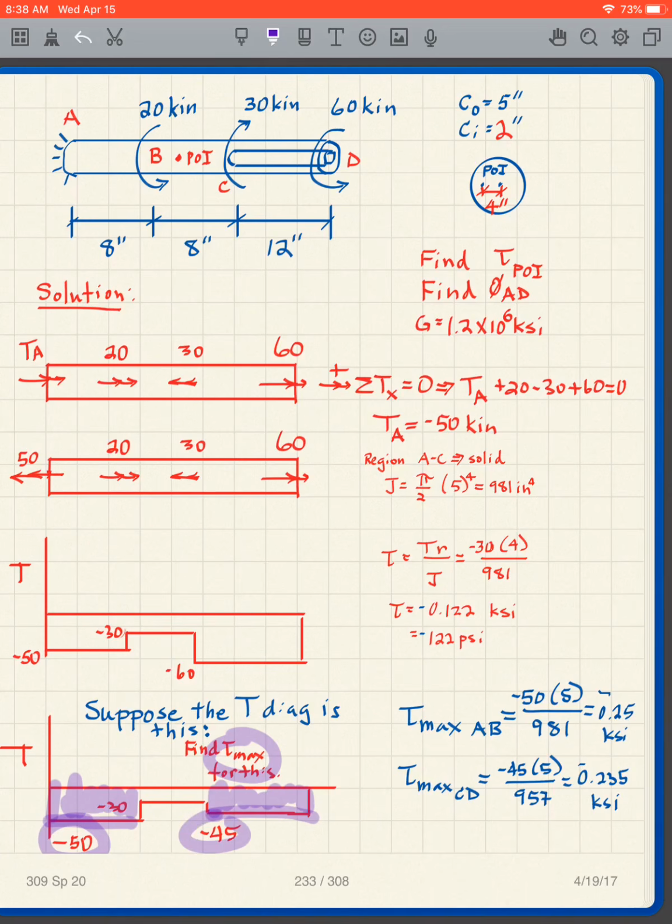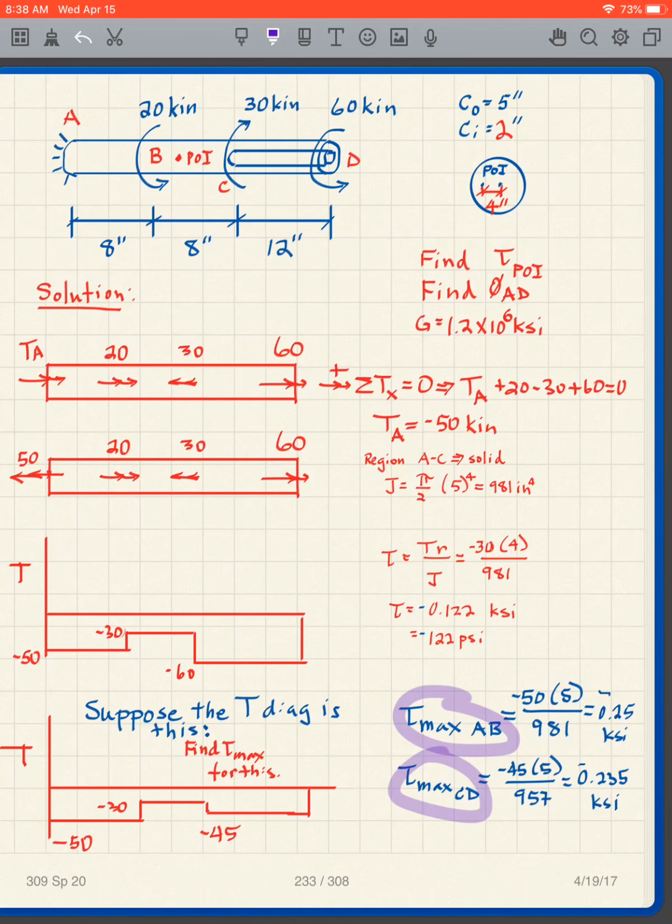The negative 50 and negative 45 are close, and I just have to do the numbers to figure out which is worse. If this were the problem, then I have to find tau max in the region AB, and I have to find tau max in the region CD, and compare the two.